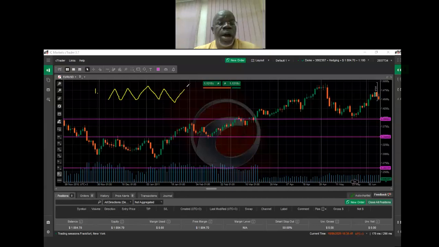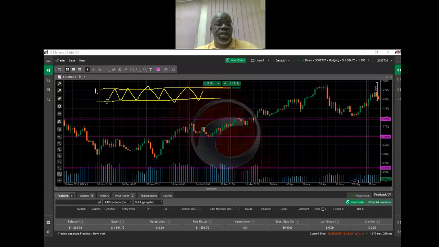As you notice, this market is oscillating between certain levels, that level and the level down there.